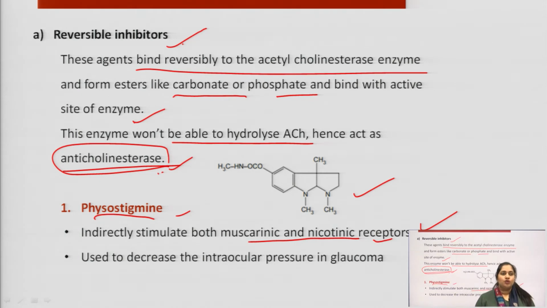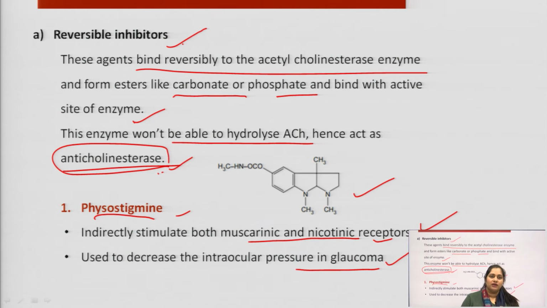It is used to decrease the intraocular pressure in glaucoma. The direct acting drugs were also used to decrease the intraocular pressure, as we have discussed.